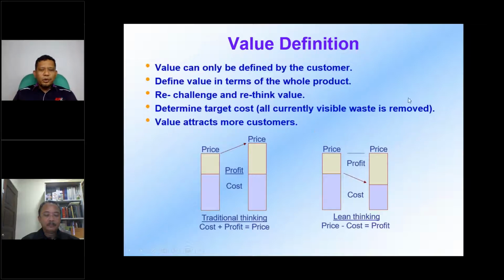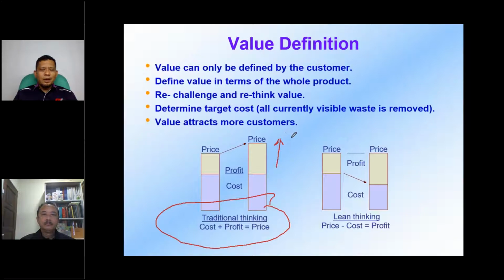This is where, as I mentioned just now, the traditional thinking is that we want to make more profit by increasing the price. It is not that healthy because we create inflation and uncertainty.